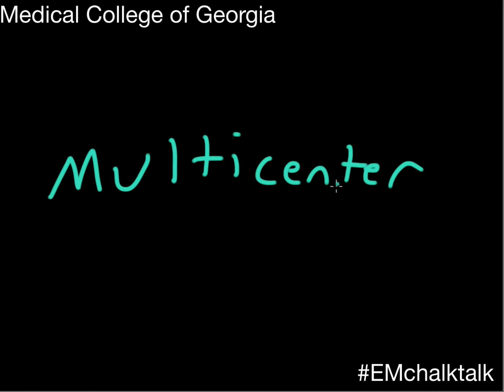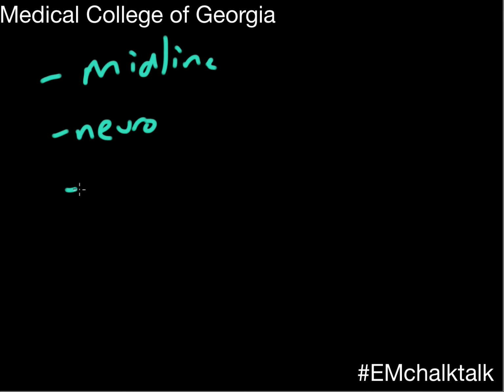So 34,000 patients were used in this huge study, and their decision instrument included the 5 Nexus criteria that we all know. The decision instrument is five criteria, and those are no midline cervical tenderness, no focal neurodeficits, normal alertness, no altered mental status, no intoxication, and no painful or distracting injury.